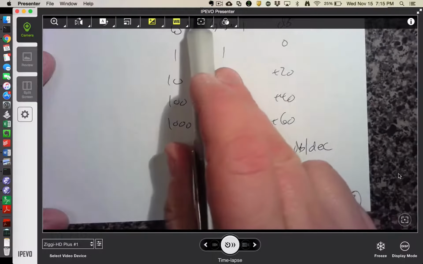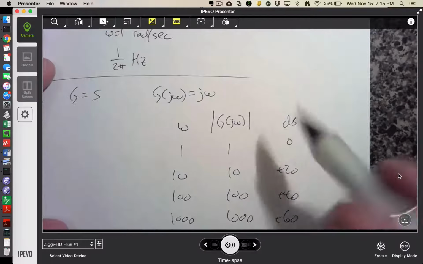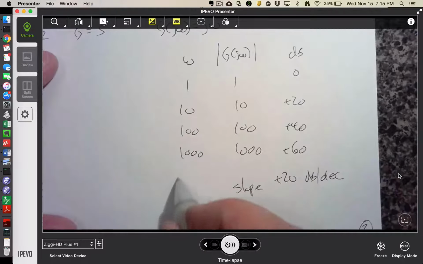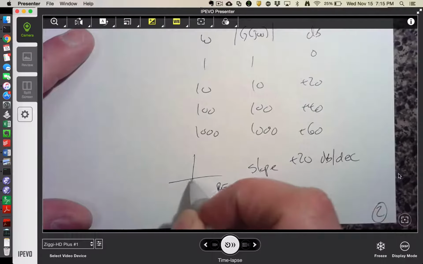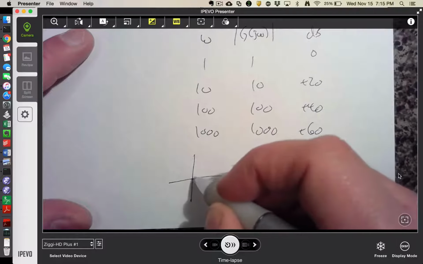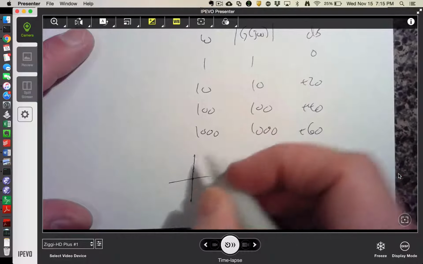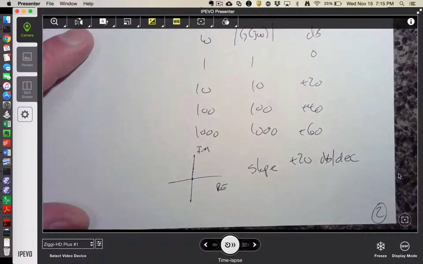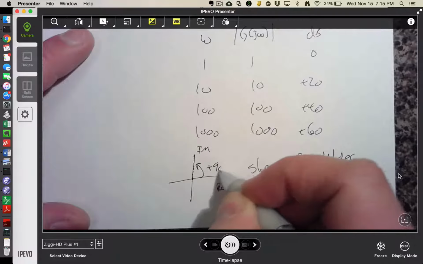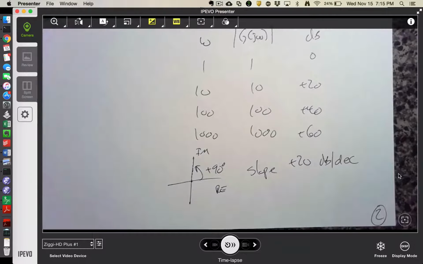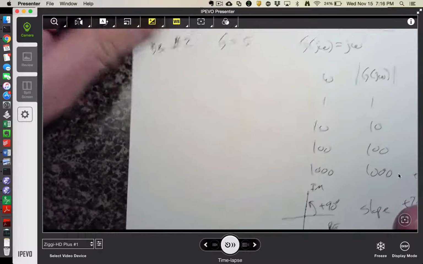And if you think about drawing this on a real versus imaginary axis, it starts out here for omega equal to 0, and then as omega is increasing, it marches out along that axis, but it's always purely imaginary and it's always positive. So the phase is always plus 90 degrees.